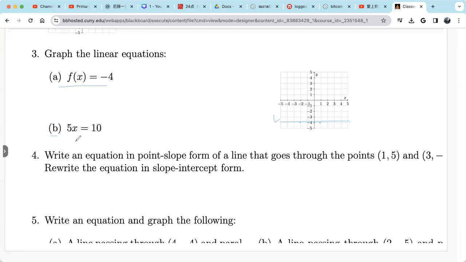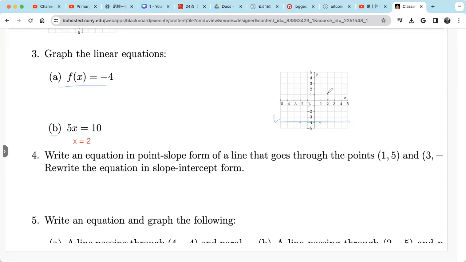Let's see b. 5x equals 10. So we want to simplify. We divide by 5 on both sides. So we get x equals 2, since 10 divided by 5 equals 2. Let's see where x equals 2. Let's change to red color. x equals 2.